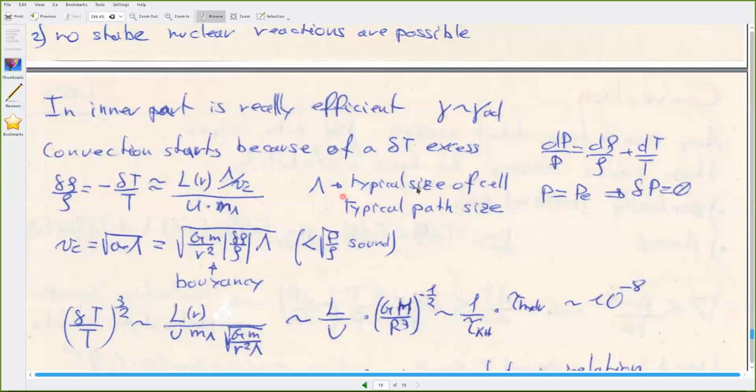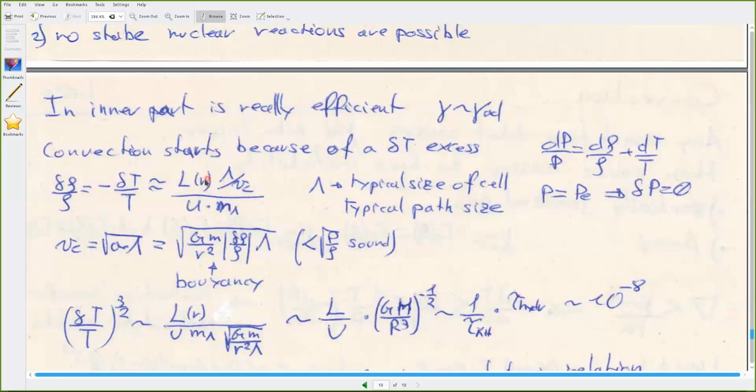This is what is called the mixing length. Calculating this value is really important for determining the convection. It is quite complicated.